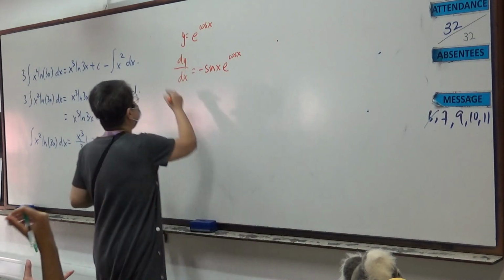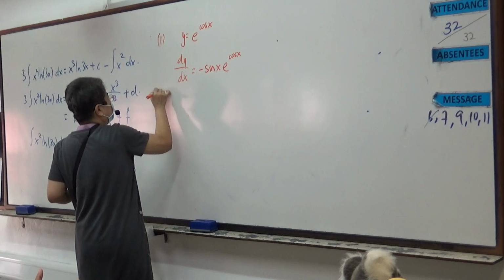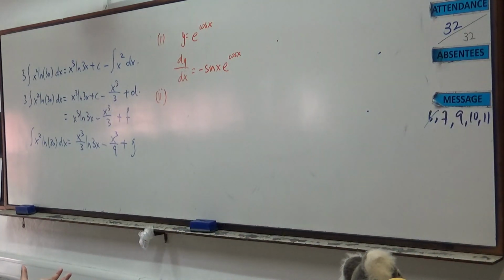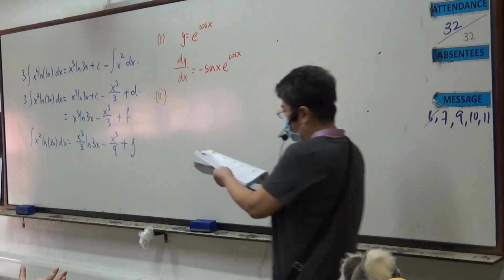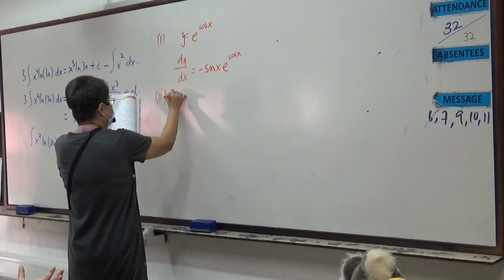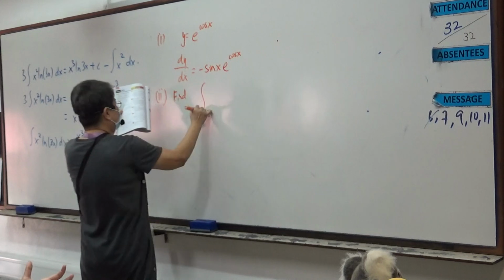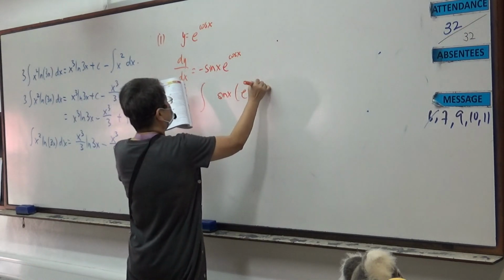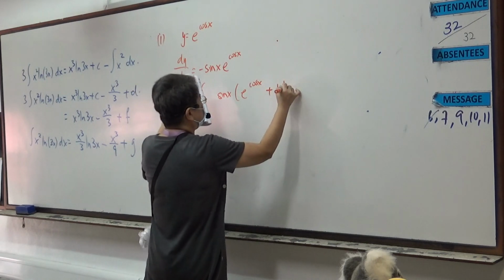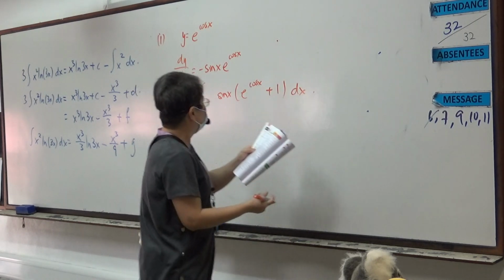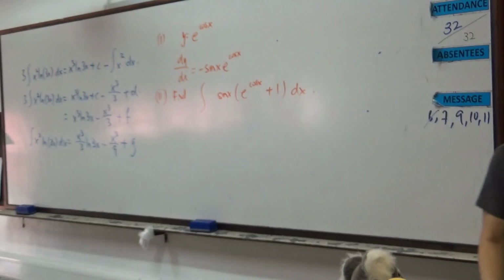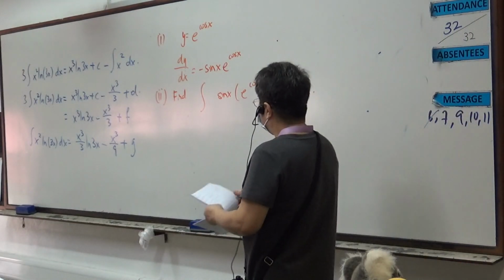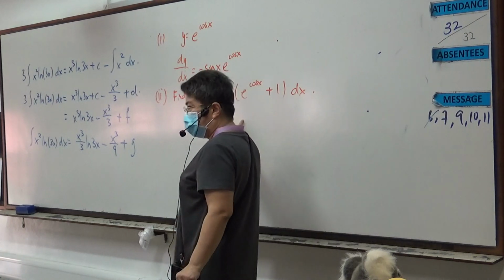Then part 2, what did it say? Hence, find the integration of sine x times (e to the cosine x plus 1) dx. Now, I want to expand this first.